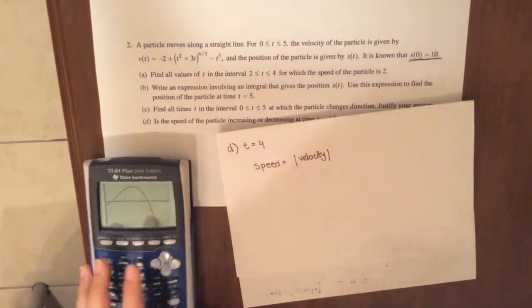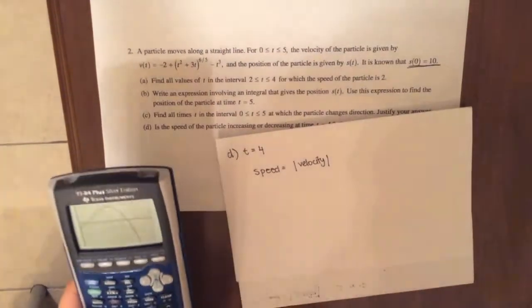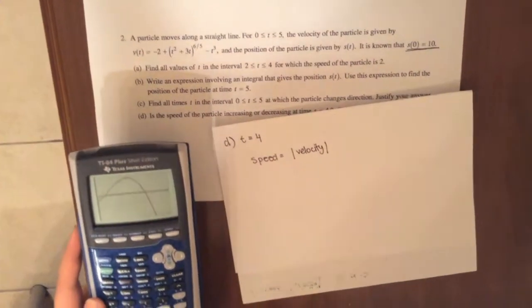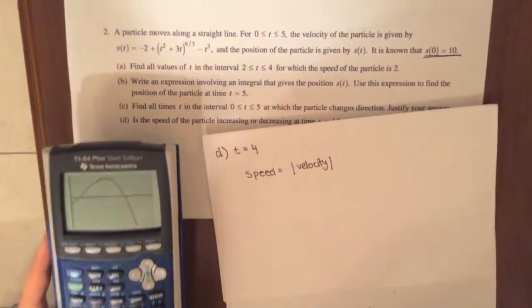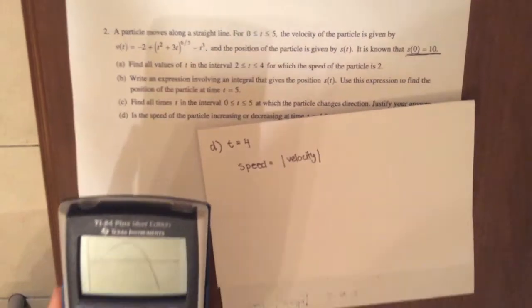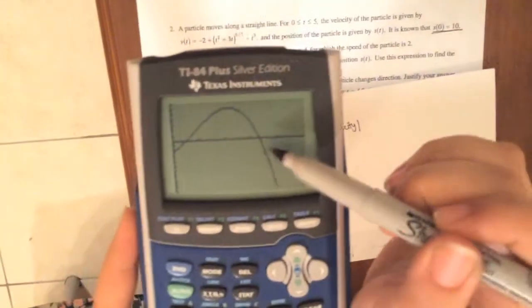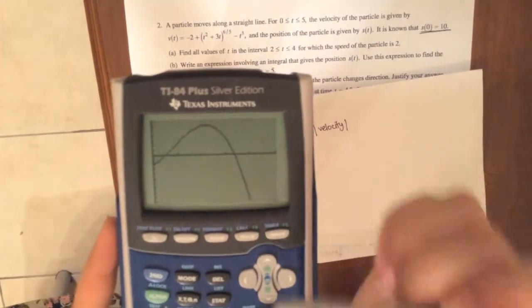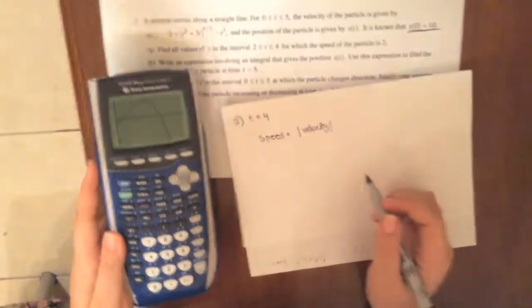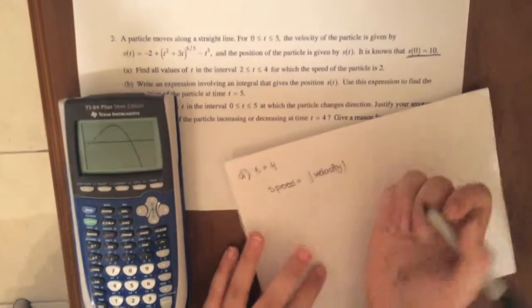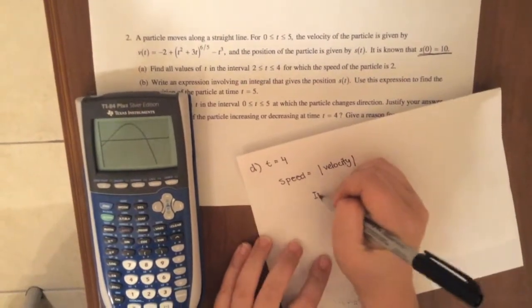And in the previous question, I said that as long as the graph looks like it's moving away from the x-axis, that means the speed is increasing. And if it looks like it's coming closer to the x-axis, that means speed is decreasing. So if you look at the graph here, you see that the graph is actually moving away from the x-axis. So you know that speed is increasing at t equals 4. So that is the answer.